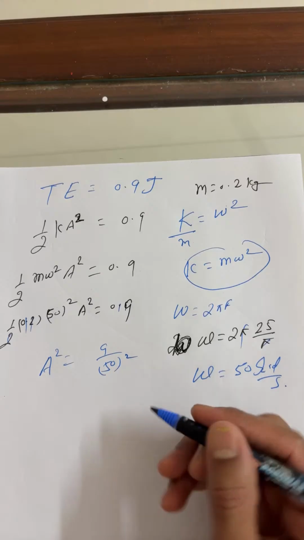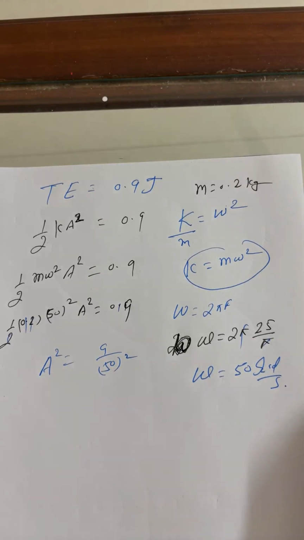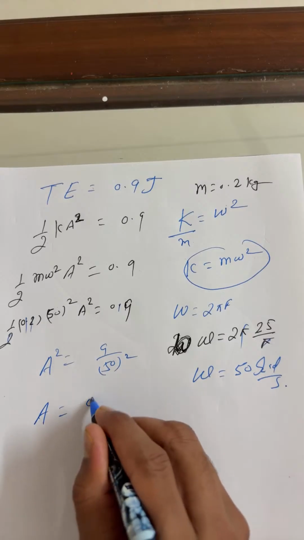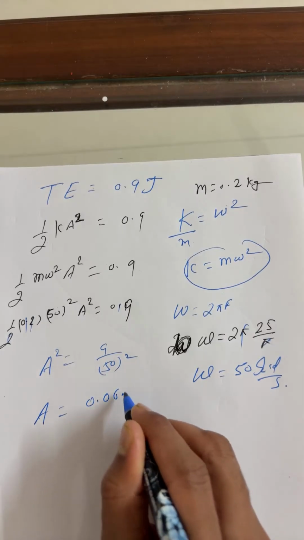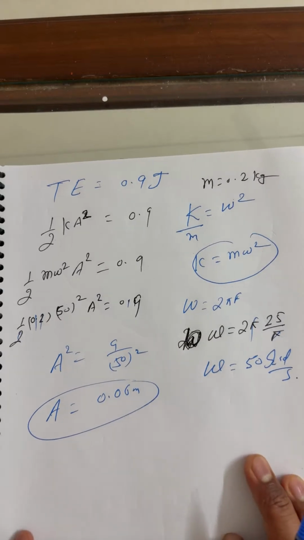Finally you can solve it, and you will get the amplitude as 0.06 meter. So this is the way to do this question.